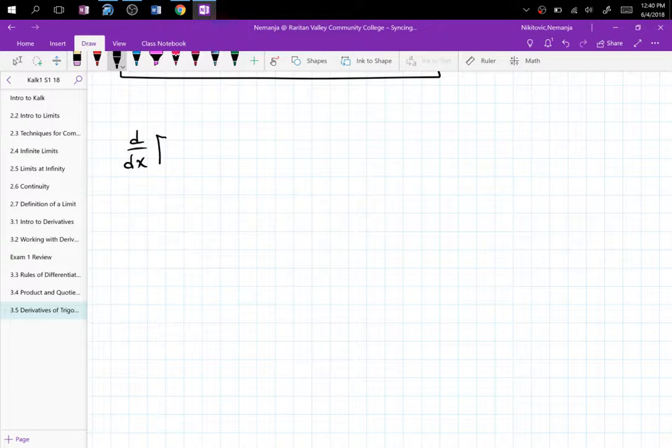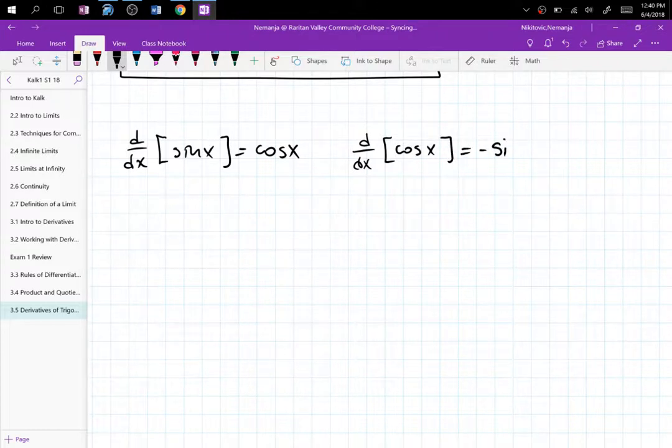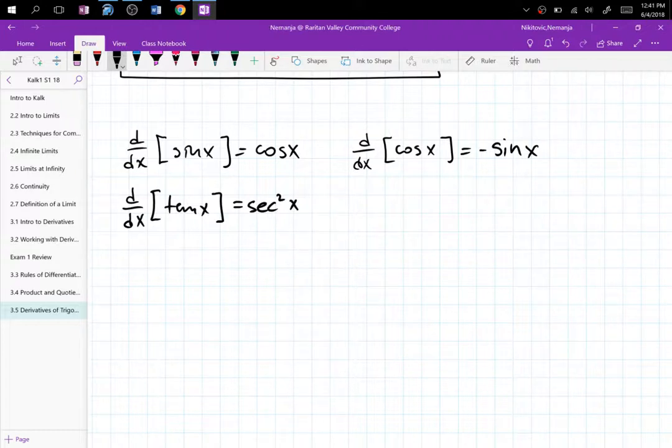The derivative of sine x is cosine x. And on the side over here, I'll say that the derivative of cosine x is negative sine x. Now below, I'll say that the derivative of tangent x is secant squared x, and that the derivative of cotangent x is negative cosecant squared x.